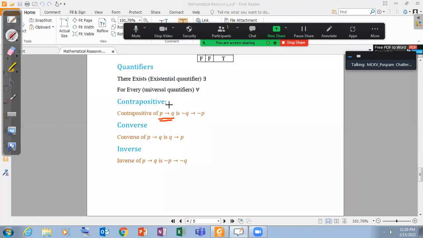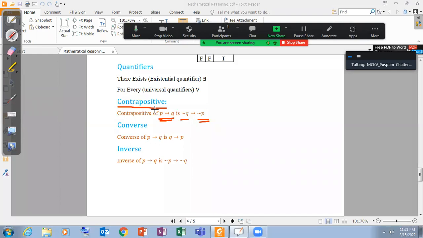If you have P implies Q, then negation Q implies negation P is called the contrapositive statement. Negation Q implies negation P. I am giving one example.